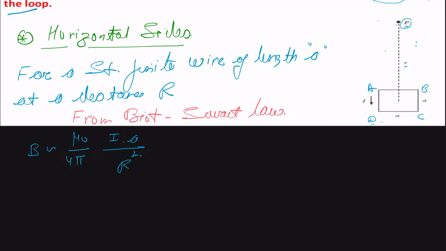And let this point O be at the center of this square. So obviously this will be equal to a by 2. Therefore for side AB, we can write the distance as r minus a by 2, and for side DC we can write it as r plus a by 2. That's our distance.